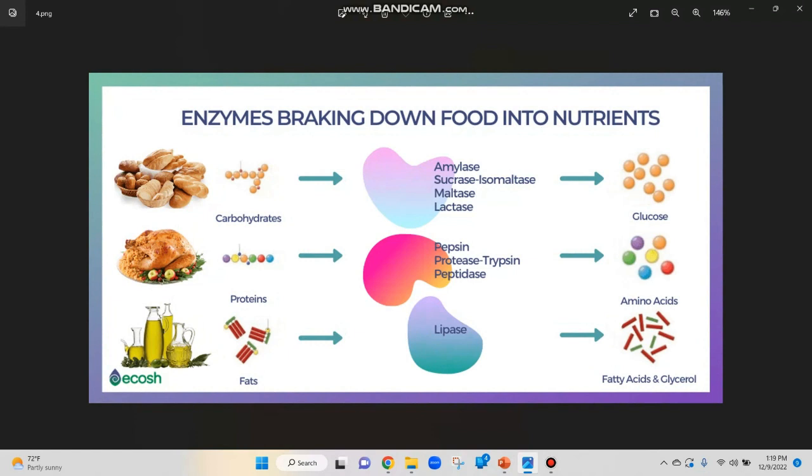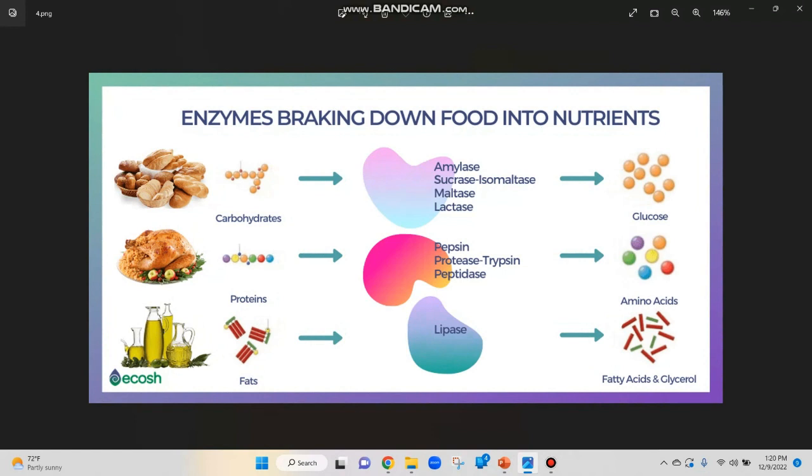The longer chain of carbohydrates is broken down into glucose or smaller molecules. There are 4 enzymes present over here, but we are talking about amylase only. Please ignore the rest of them. It's just added for your knowledge. You don't need to remember that.